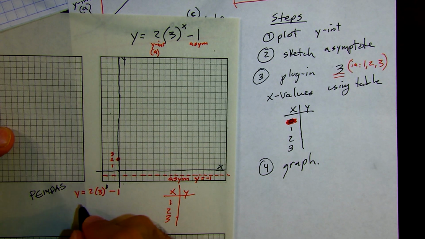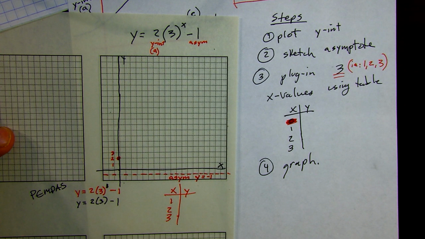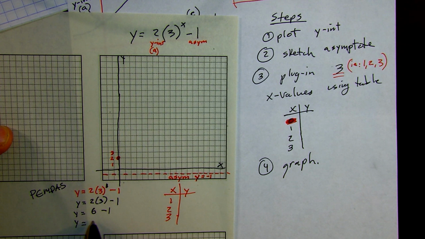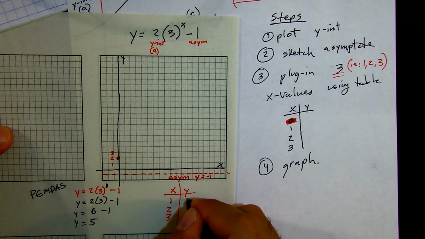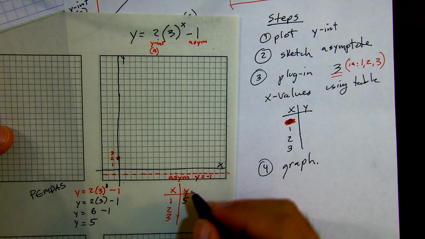The exponent, sure, let's rewrite it with the exponent simplified here. 3 to the first power is 3. Is there any multiplication? Yeah, right here. So let's do that step. 2 times 3 is 6. So we get y is equal to 5. So when I plug in 1 for x, I get 5 for y.